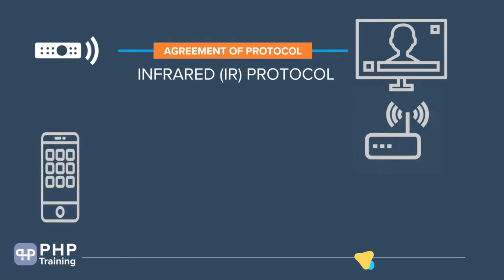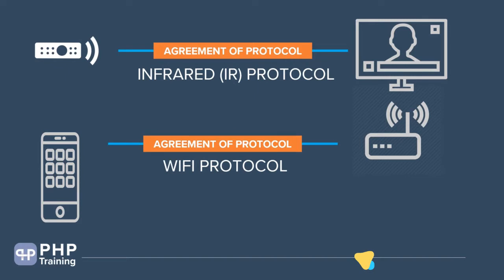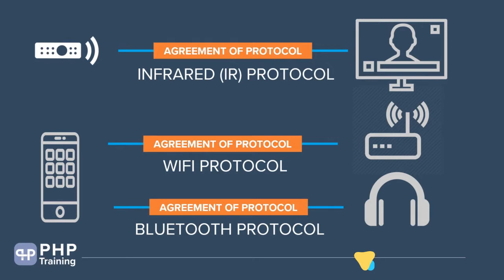Take another example of your phone and your Wi-Fi devices. You use a Wi-Fi protocol. So there is an agreement of protocol wherein your phone can talk to a Wi-Fi device. And if it's a headphone, can you guess what protocol we use to connect your headphone to your phone? Well, that's right, that is your Bluetooth protocol.